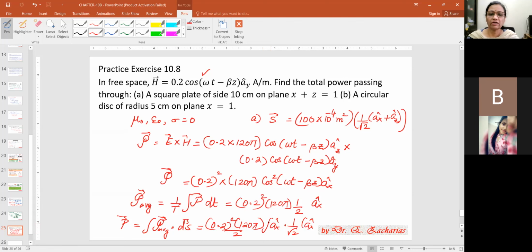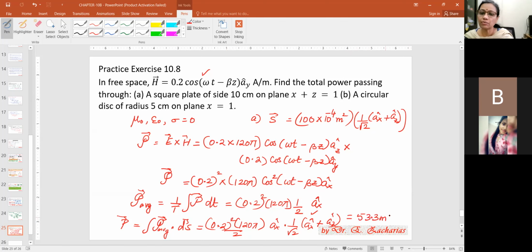Sorry, there is no integral, because only the dot product will be there. So only the a_x part will contribute, because this part also has a_x cap. Therefore, you do the dot product.